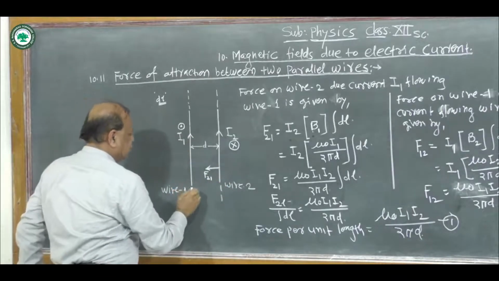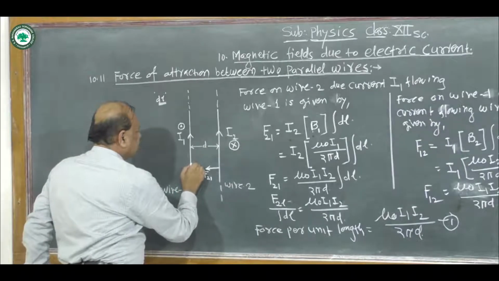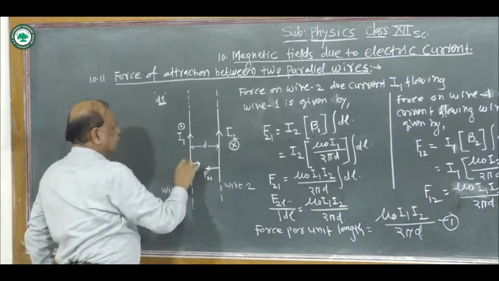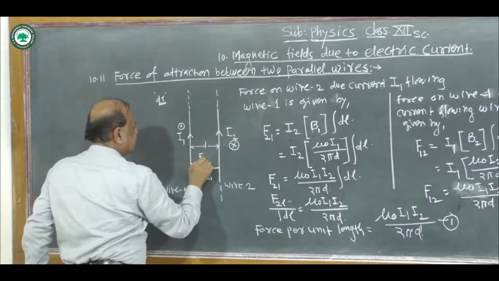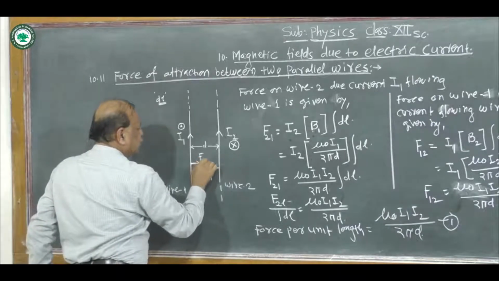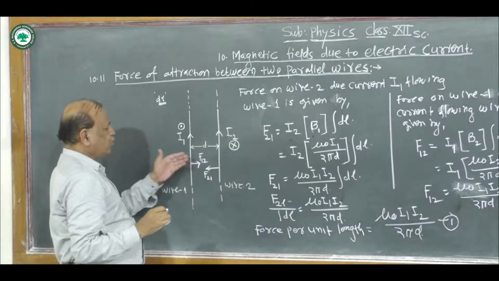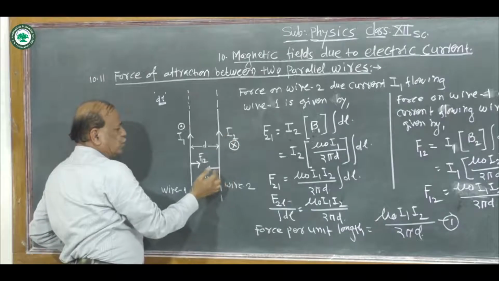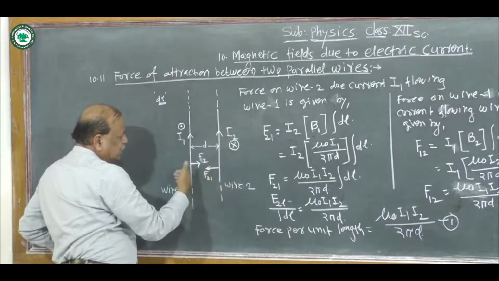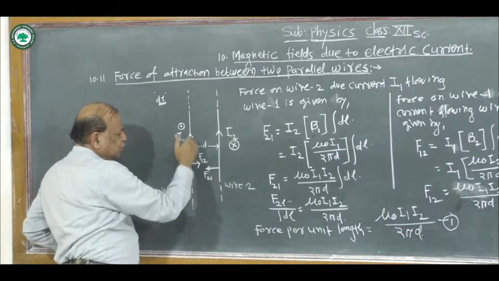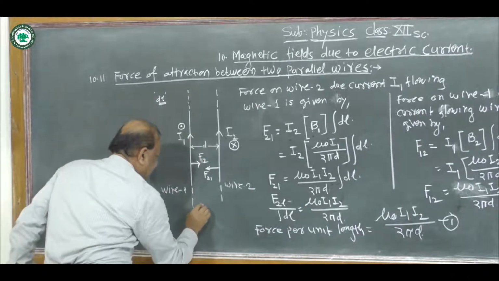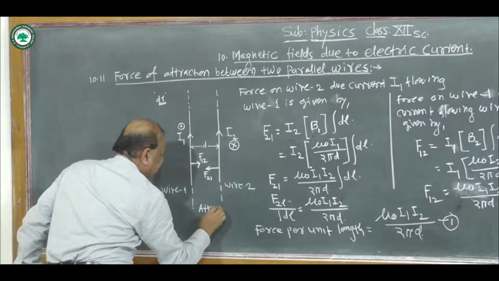So this force is perpendicular to the current, and this force is F12. The direction of force is towards wire 2, and the direction of the other force is towards wire 1, so there is an attraction, a force of attraction.